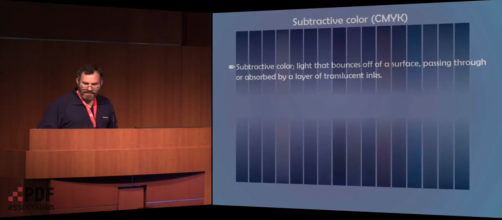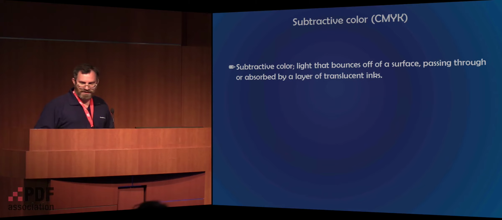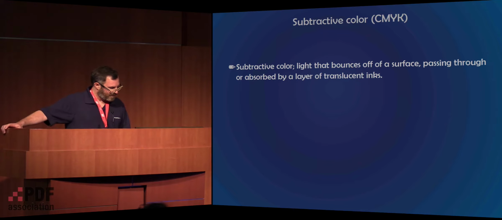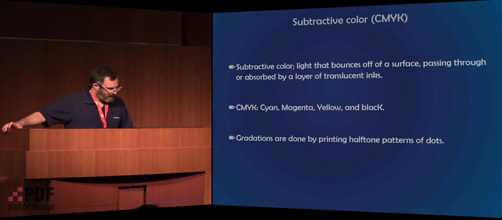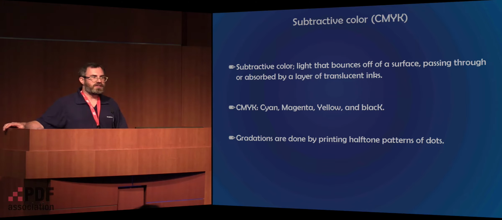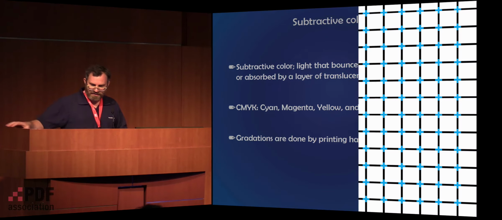If you combine all 3 of them together, you get gray. And what you do to lighten the color when you're printing is you use halftone patterns, which basically removes ink so that more white shows through, which lightens it.